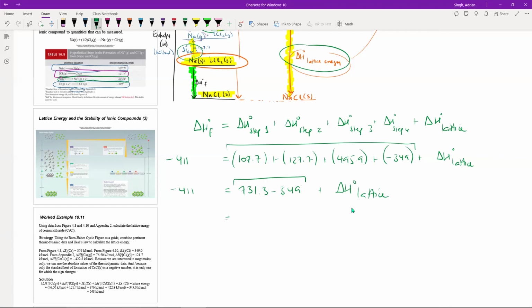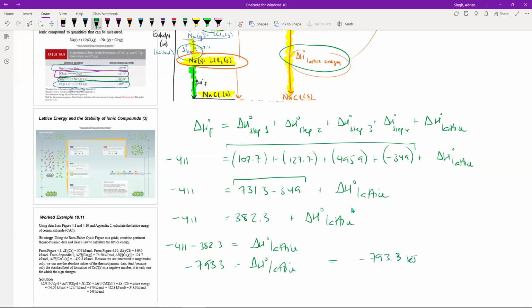It's going to give us 382.3 plus the lattice energy. And that's equal to negative 411. So again, if I move everything around, I move this over to the left side, negative 411 minus 382.3 would give me the delta H for the lattice energy. So that's going to give me something like negative 793.3. And let's make sure we keep our unit, 793.3, and that's kilojoules per mole.